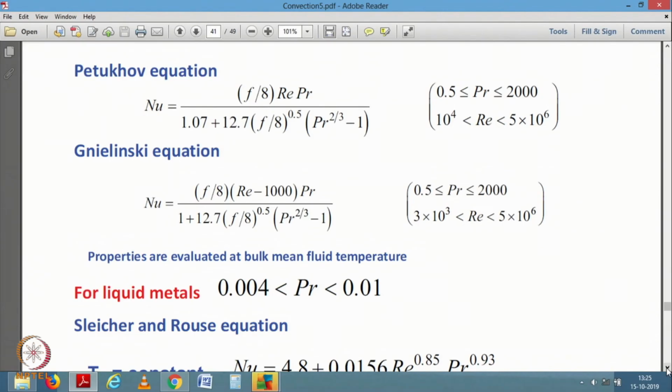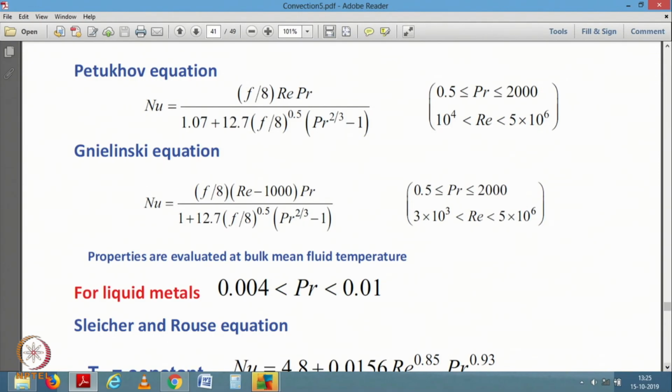Both the Gnielinski and Petukhov correlations have the friction factor embedded in the Nusselt number expression. This is given as f by 8 into some Re function, Pr function. The range of use of these correlations is also presented here.